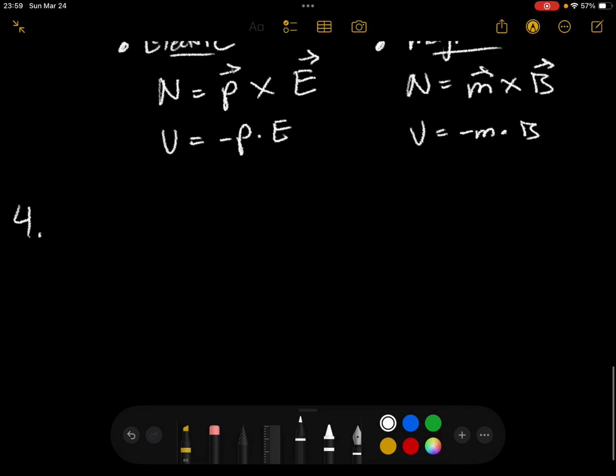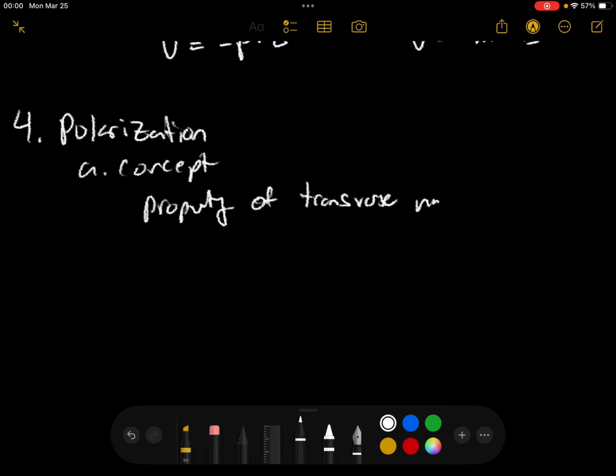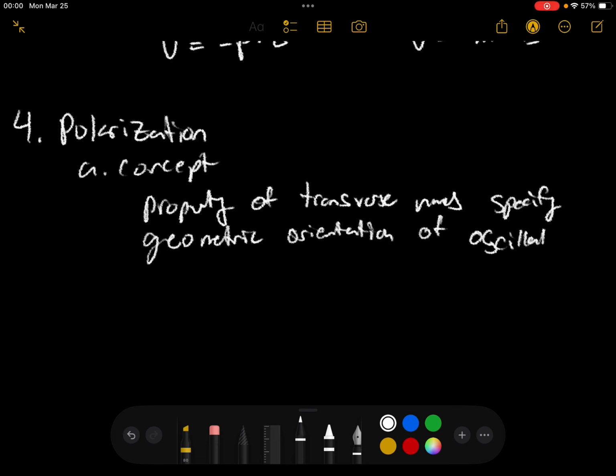Okay, so talking briefly on polarization. Polarization is a bit interesting. At least talking about the concept, it's the property of transverse waves which specifies the geometric orientation of oscillations.